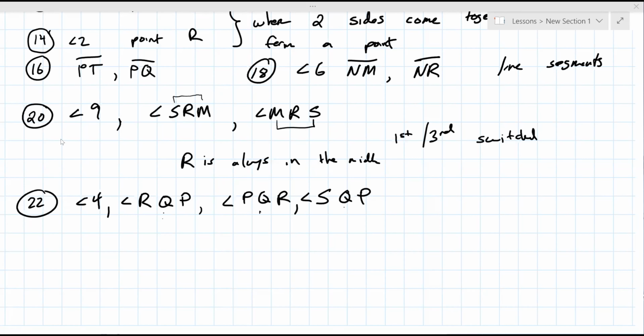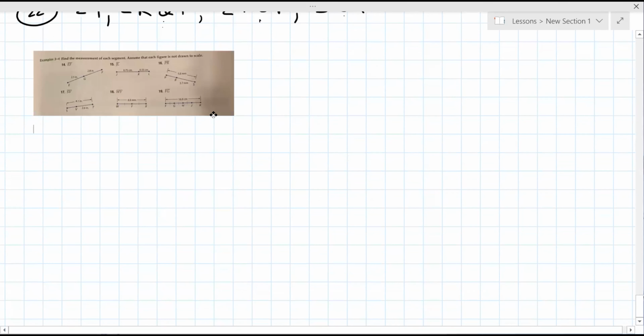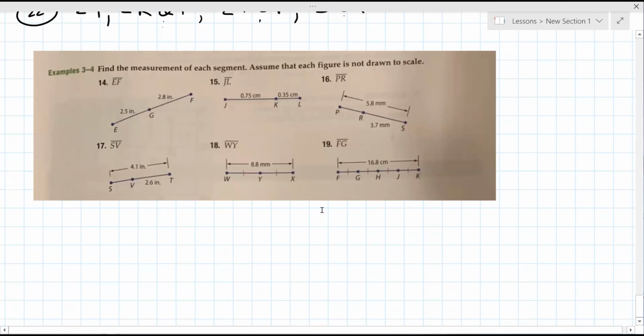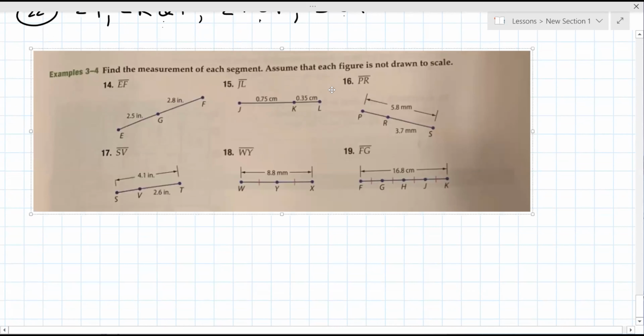It's going to be a little bit challenging for you to get tested on this stuff, but I assume they're going to give you some flexibility, because sometimes they're asking you to use rulers, and we already saw that with the protractor earlier. 14 here, it wants you to find the measure of segment EF.